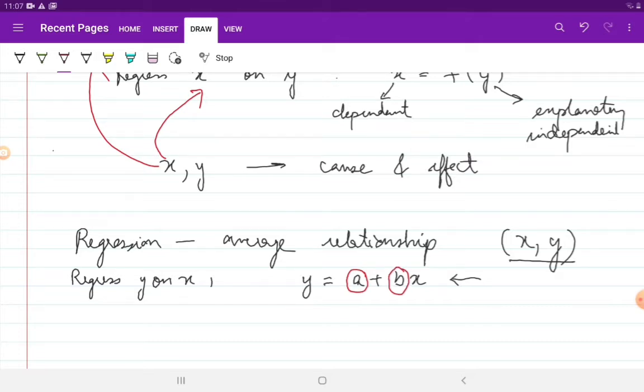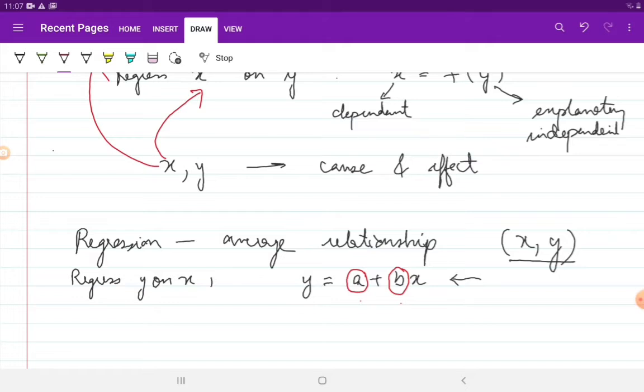The parameters are a and b. What you have with you to find a and b are values of y and x. You have several pairs of observations of x and y, and regressing y on x means using those observations, you're trying to calculate the value of a and the value of b.